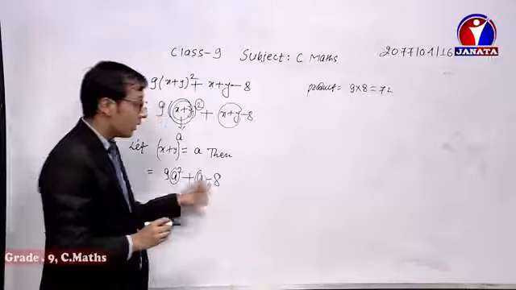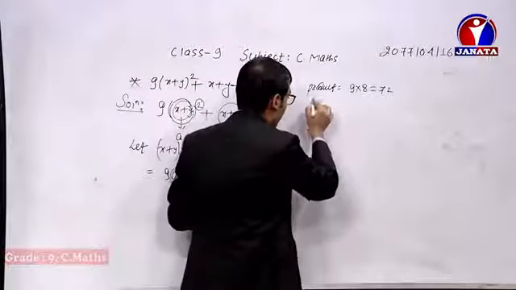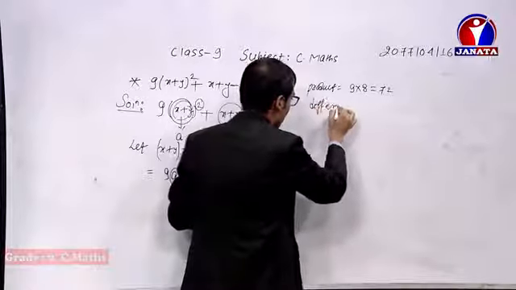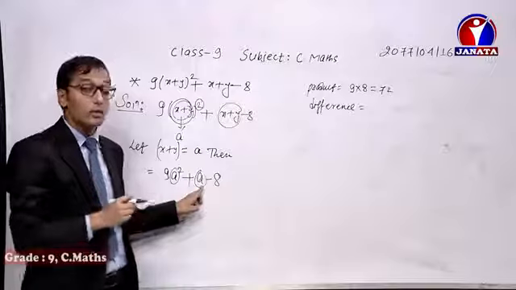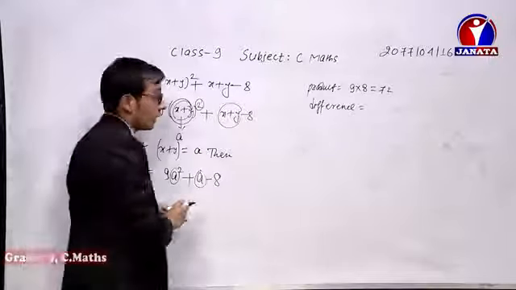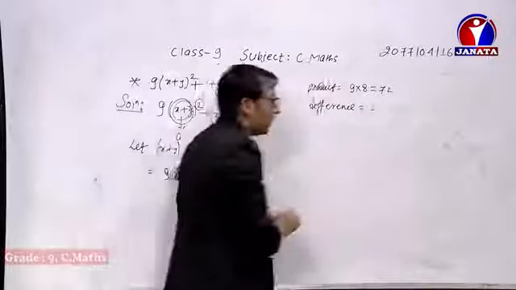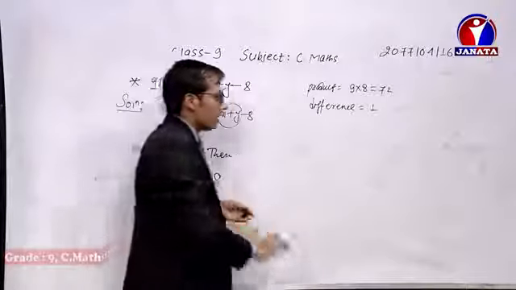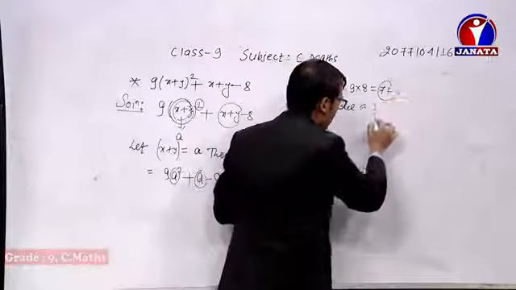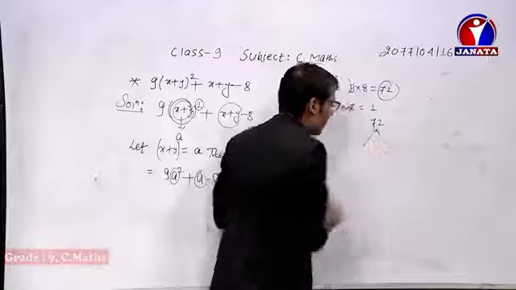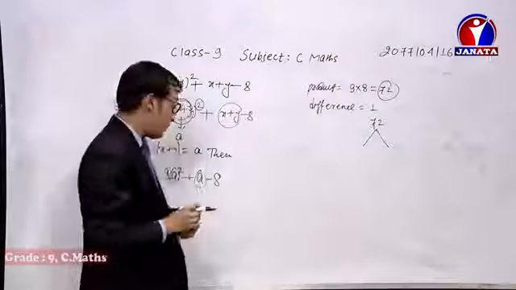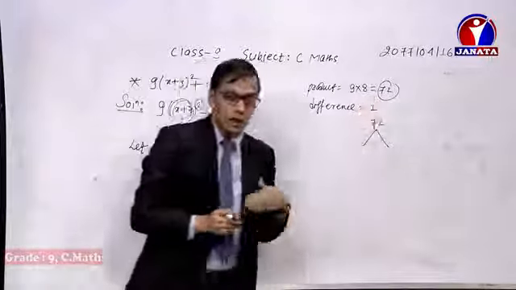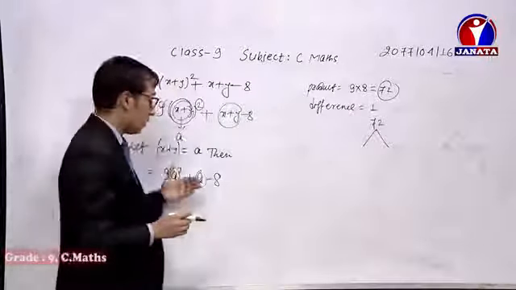This is negative, so the difference is the coefficient of the middle term a. What is its coefficient? 1. For this you can factorize 72. We can factorize 72 into its factors and find two numbers whose product is 72 and difference is 1.